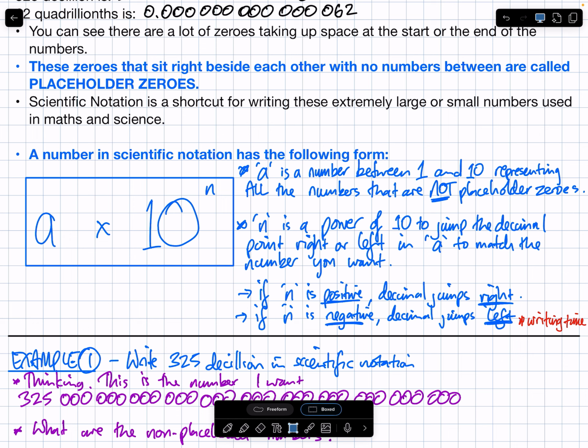N's a power that's going to jump the decimal point to where we want it to go.